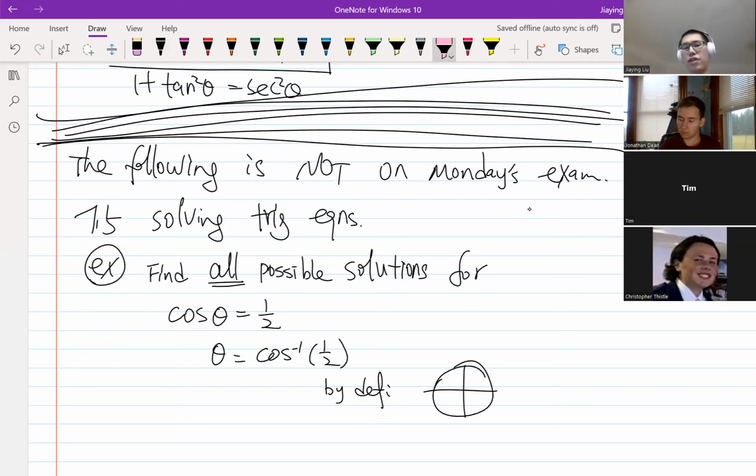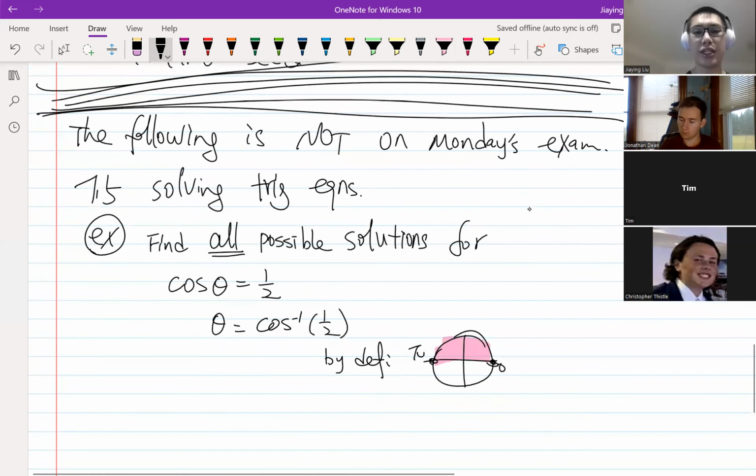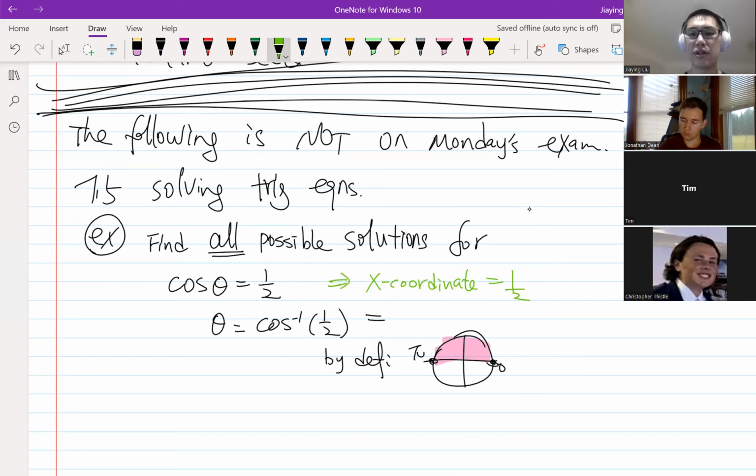Let's find out what it is. Cosine theta equals half means the x coordinate of the point on the unit circle equals 1/2. That corresponds to this point here and this point. But by definition of inverse cosine, we can only use the one in the first quadrant.